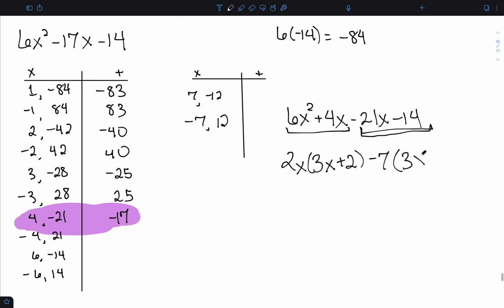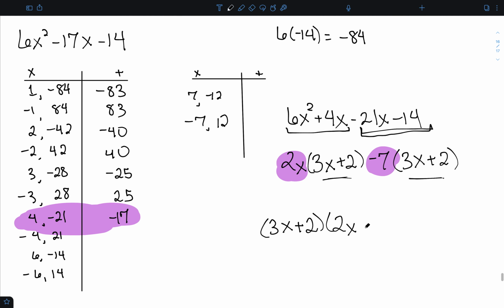And I'm left with a 3x plus 2. I can now see each of these have a 3x plus 2 in common. And I'm left with a 2x and a minus 7. So that tells me that this factors into 3x plus 2 times 2x minus 7.